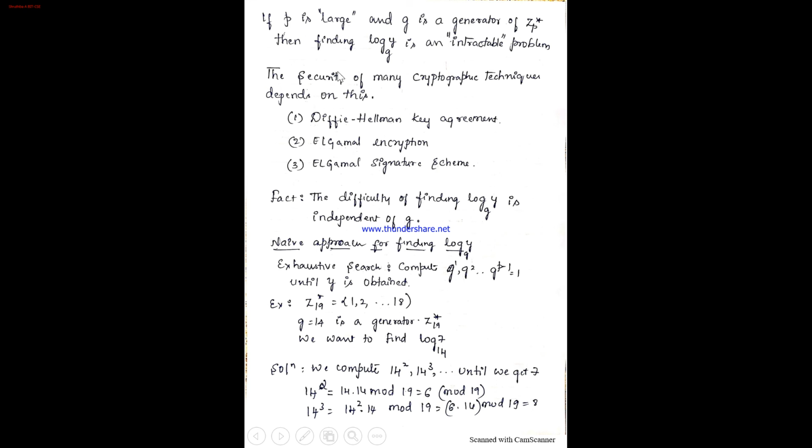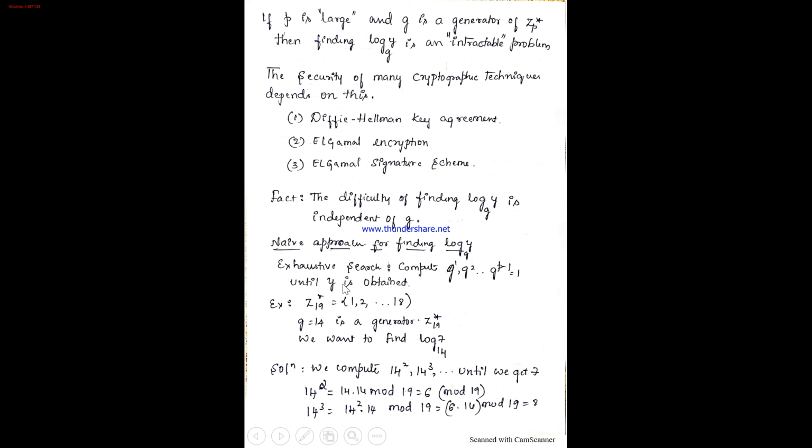The security of many cryptographic techniques depends on this: Diffie-Hellman key agreement, ElGamal encryption and ElGamal signature schemes. The difficulty of finding log y to base g is independent of g.